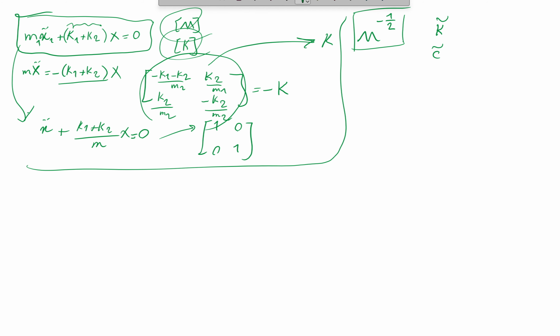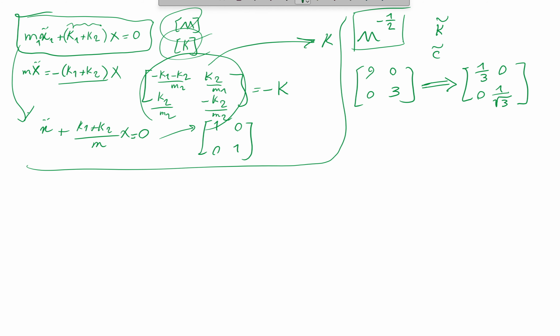It's simple. For a mass matrix like this, you just put every one of these values to the power of minus 1/2. So it would turn into this and 1/√3.